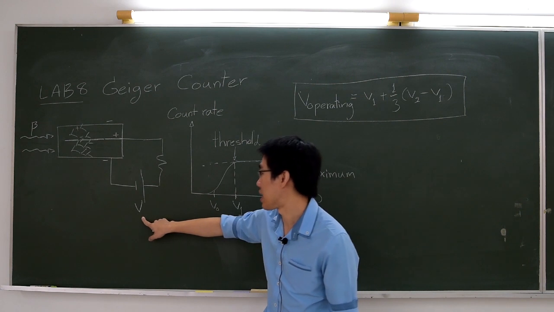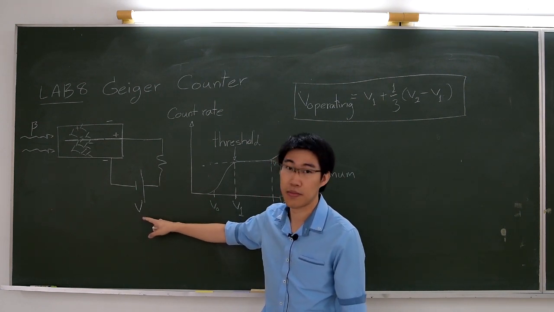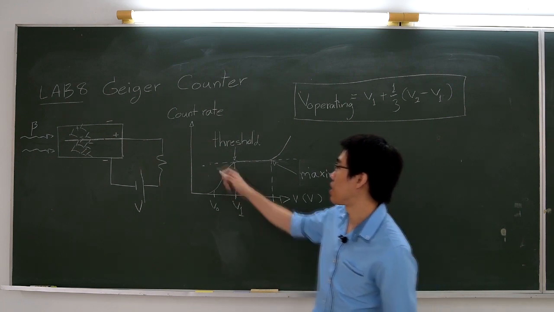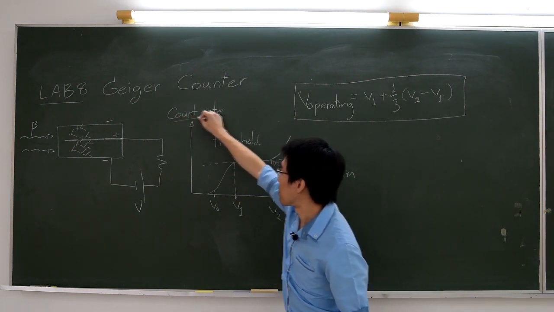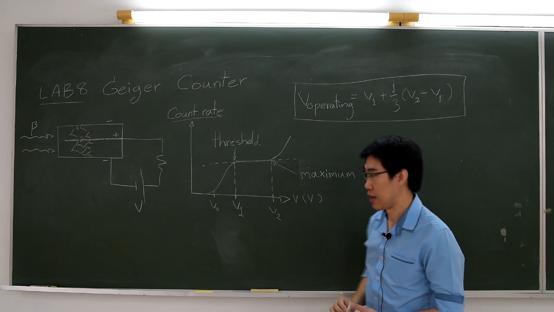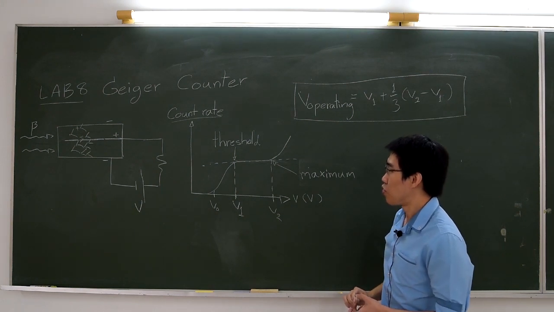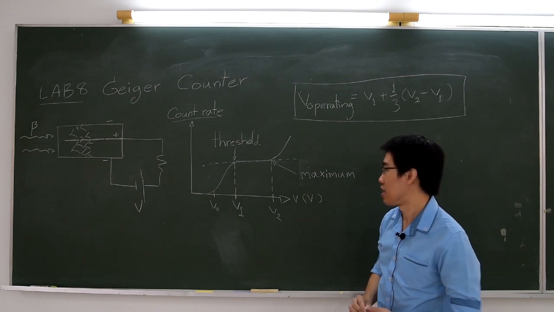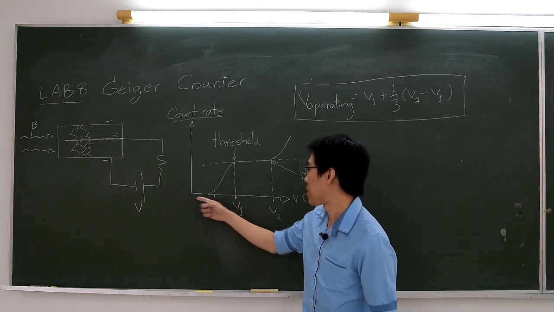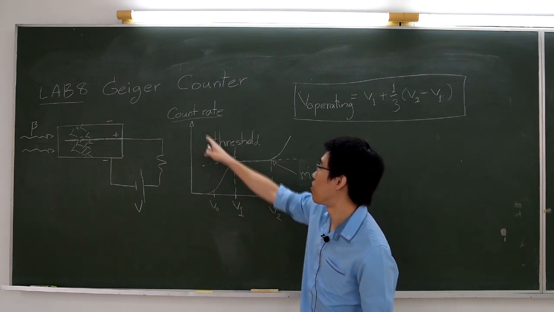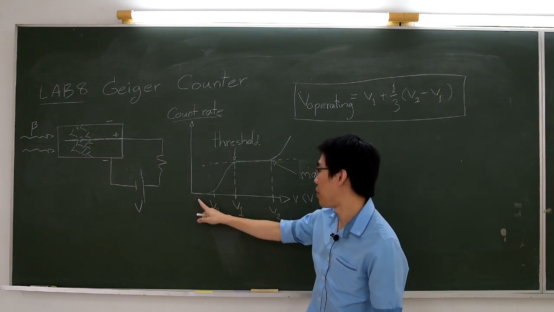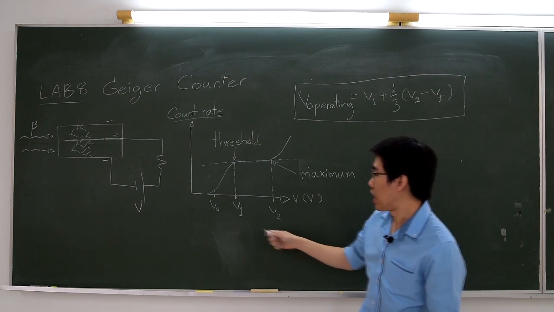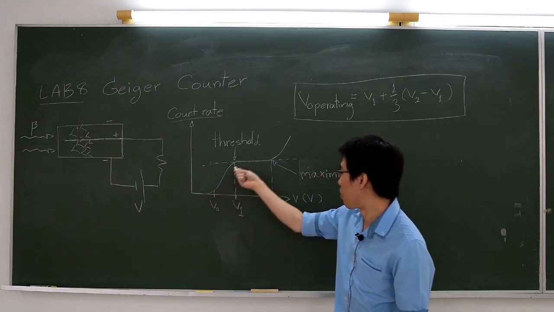To determine the optimal value, we will adjust the voltage of the tube and detect the count rate of the tube. When we plot the graph of the count rate against the applied voltage, we will see the characteristic of the Geiger counter tube.